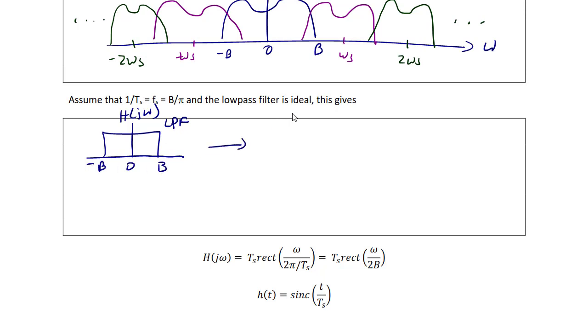and the output of the system, Y of j omega, would be exactly a replica of our input signal as long as the gain on the low-pass filter yields the amplitude of A back. But a more realistic model is for the low-pass filter to look like the following.